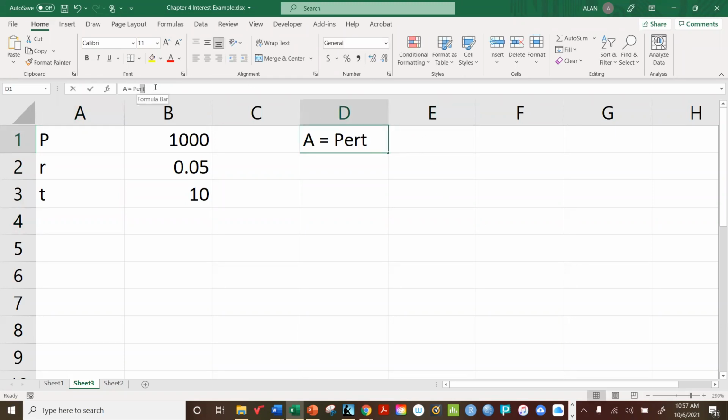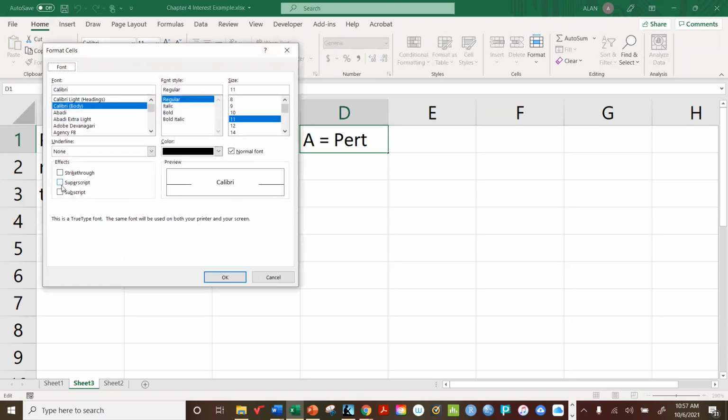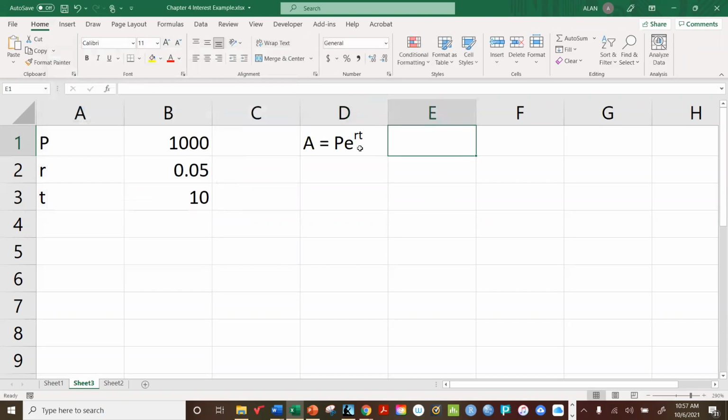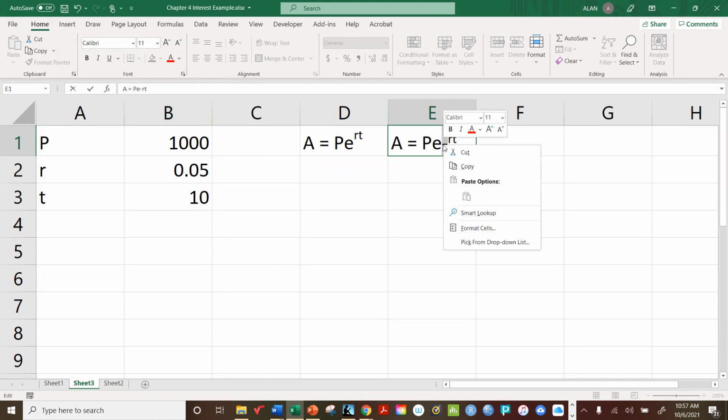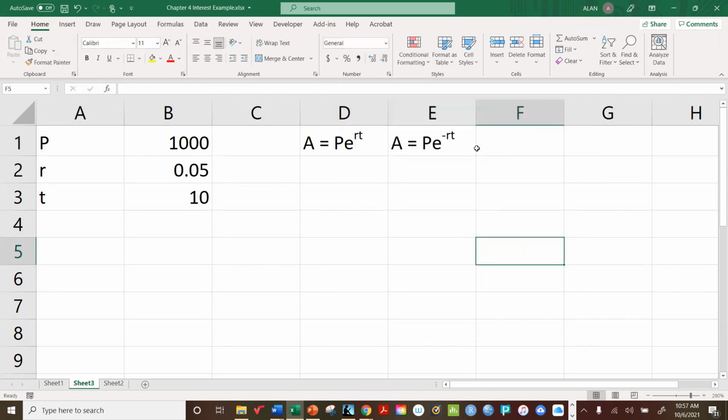And I can make this into a superscript very easily. And then I'll do the same thing over here, but for the negative exponent, based on these constants. All right, this is all I care about.